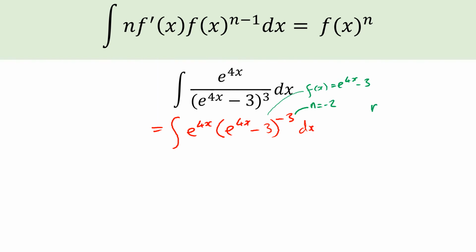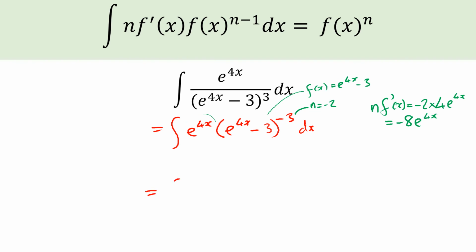And then we need to work out n f dash of x, which is going to be minus 2 times, and if we differentiate that, it's going to be 4e to the 4x, bit of chain rule there, which would be overall minus 8e to the 4x. So we look at what we've got, that's not quite true. So we're going to write down what we would like it to be.